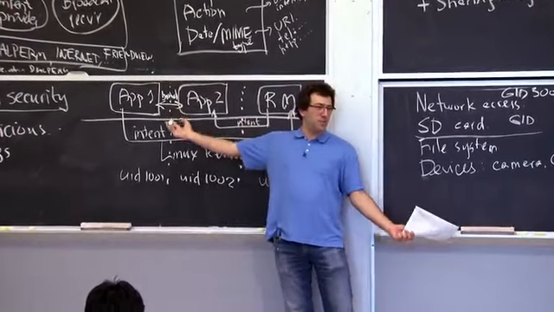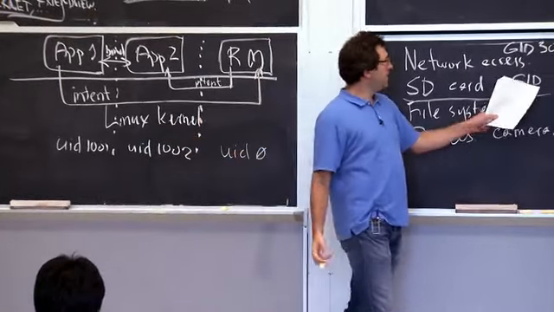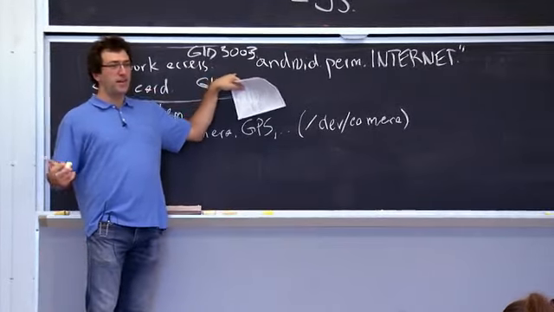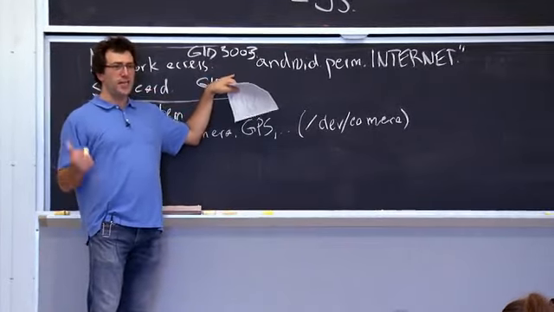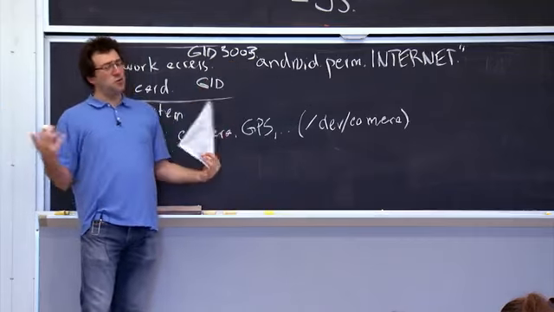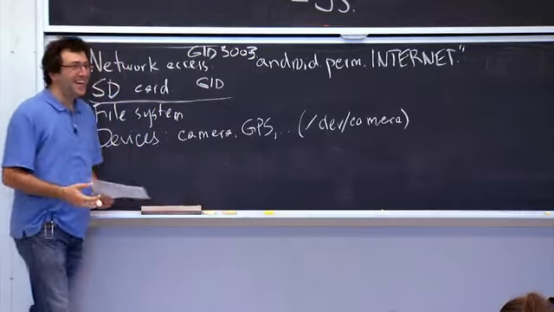So maybe then it's up to the application to do something sensible in response. Another possibility is that it's a network access, and you don't have access to that, and you make a socket system call, or you say connect to this IP address, and the kernel says EPERM, you can't do that. And who knows what the application is going to do in that case. Maybe it'll throw a null pointer exception somehow.